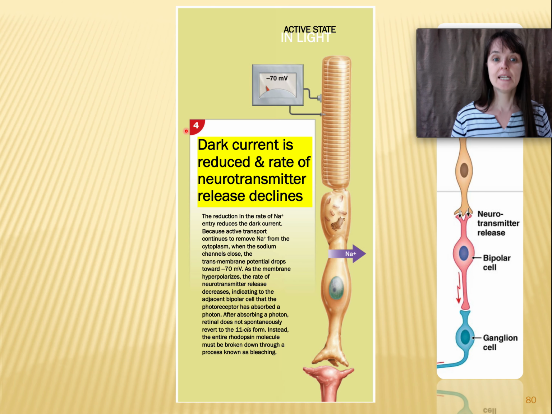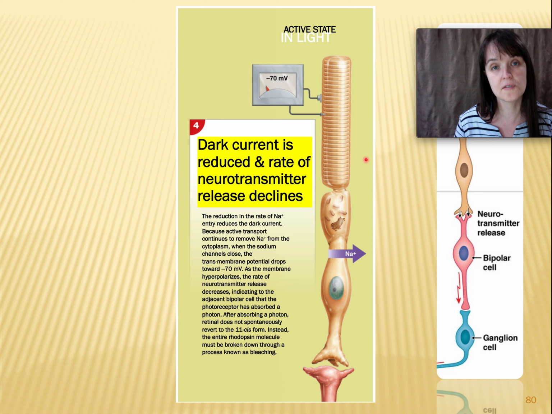There we go, 4. So the dark current is reduced and the rate of inhibitory neurotransmitter declines. Because we're no longer allowing positive sodium ions to rush into the outer segment, the cell hyperpolarizes from its resting transmembrane potential of -40 millivolts to here we show -70 millivolts.